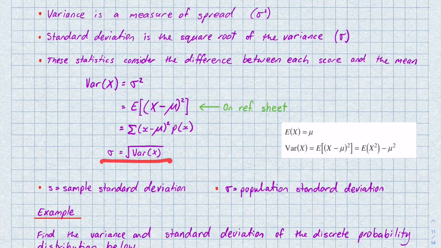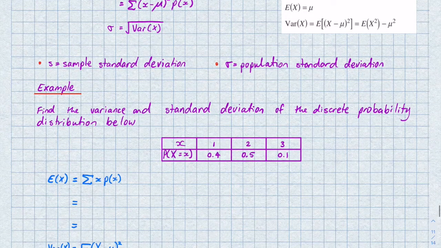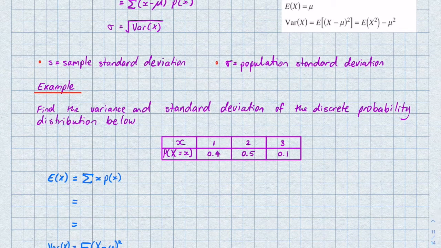And then to find the standard deviation, you just square root that. Now we do use an S for the sample standard deviation and the sigma for the population standard deviation. And these calculations are all finding the population standard deviation, which is what we mostly do here. So if you're using your calculator, you are looking for the population standard deviation.